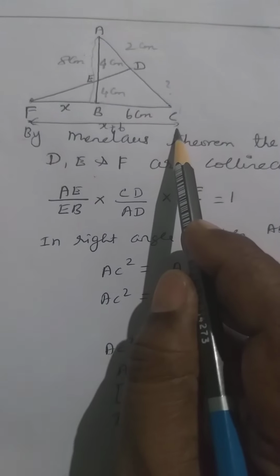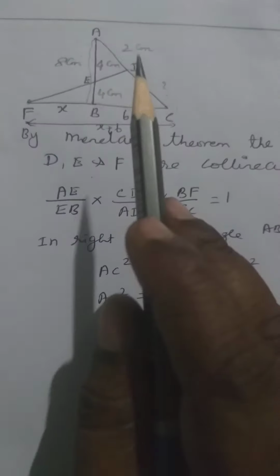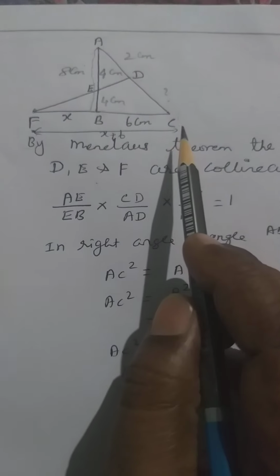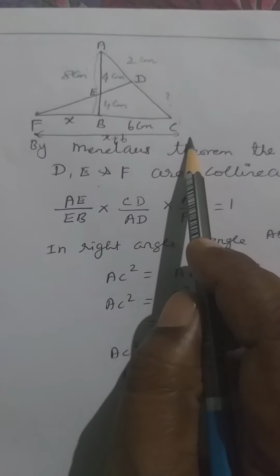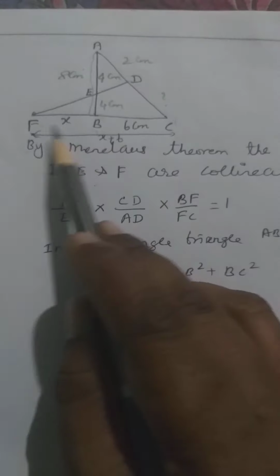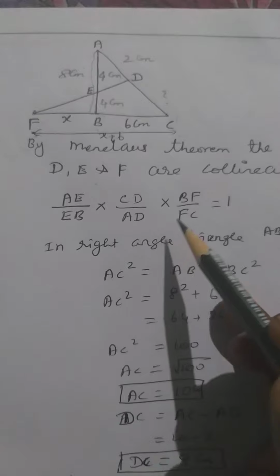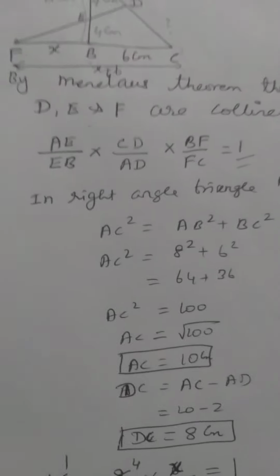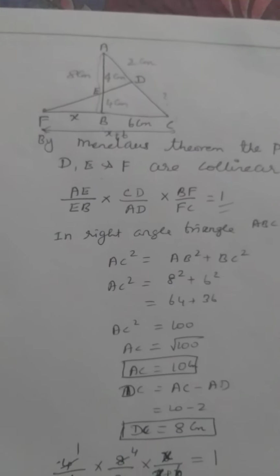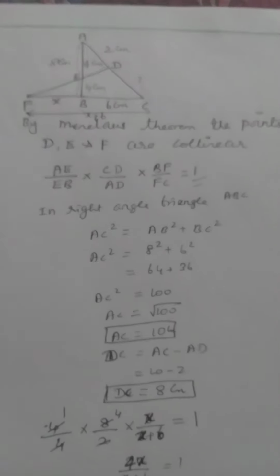The extended line is written as this length by the full length. If you change the order of any one of the six segments, the product is still equal to 1, as you studied in Menelaus theorem.